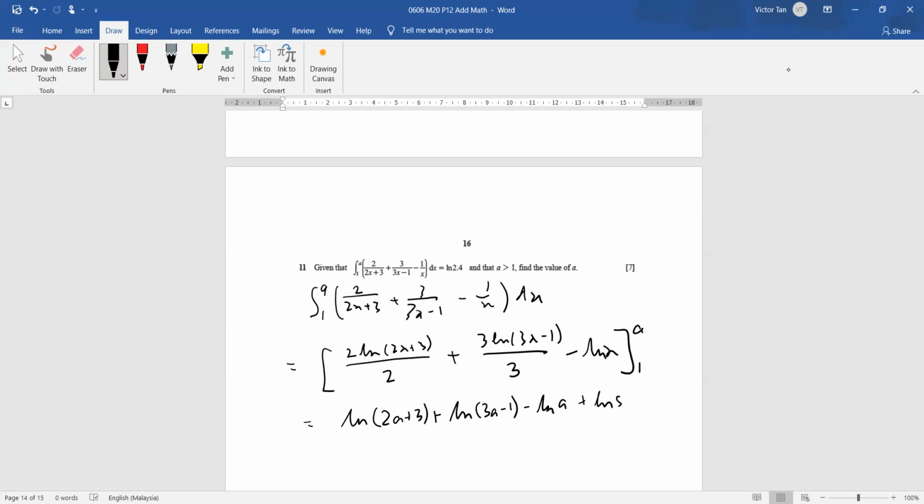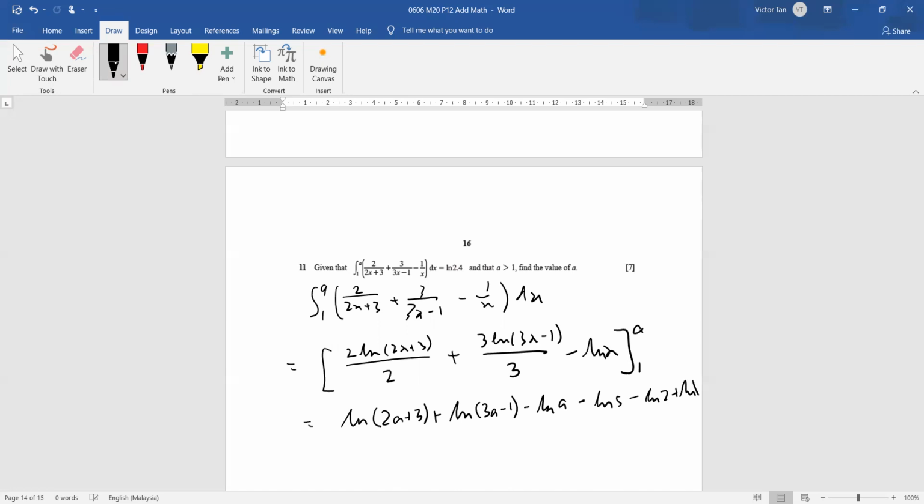Minus ln of 3 minus 1, which is 2, plus ln 1.